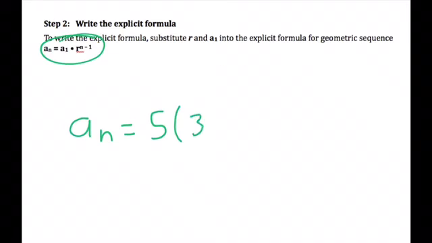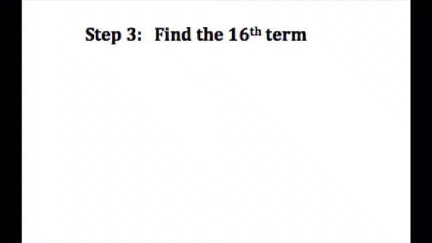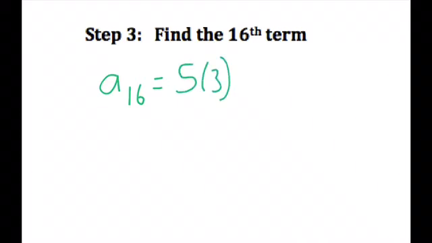R, which is 3, parenthesis, n subtract 1. Then our last step is to find the 16th term. So we have A sub 16 equals 5 times 3 to the power of 16 subtract 1.